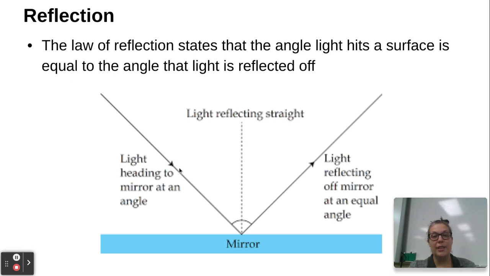We know it is traveling towards the mirror because of the arrowhead. So the light coming towards the mirror is then reflecting, or bouncing off, and changing direction. Our arrowhead tells us this is the light that is bouncing off. These two angles, and I'll talk about what this line is in a moment, but these two angles are equal to each other.